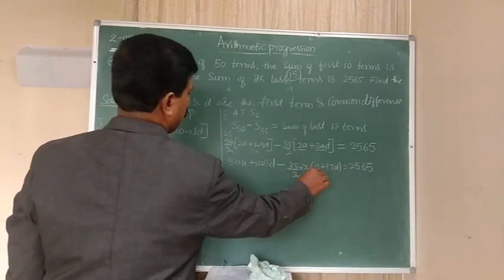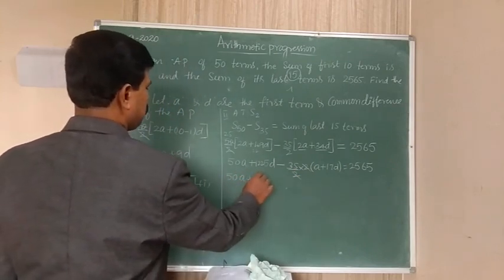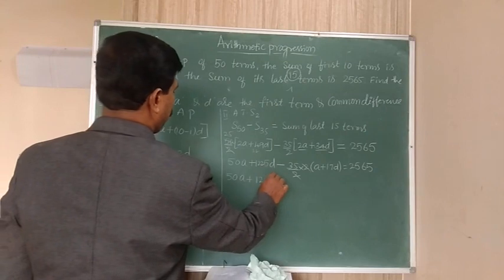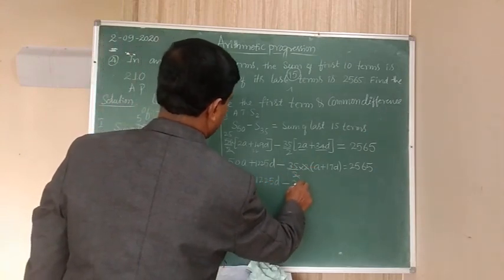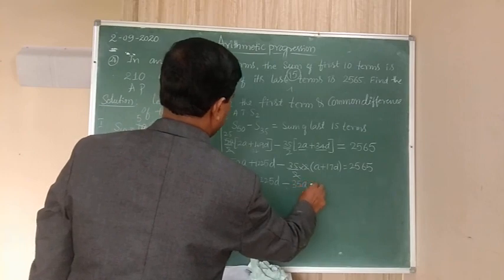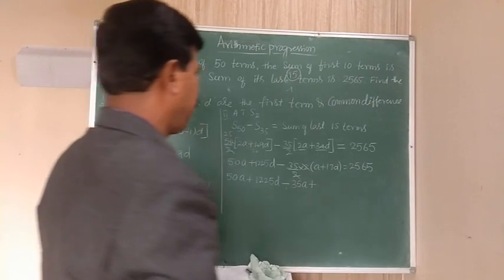Now here the 2 gets cancelled. 50a plus 1225d minus 35a minus 35 into 17d.